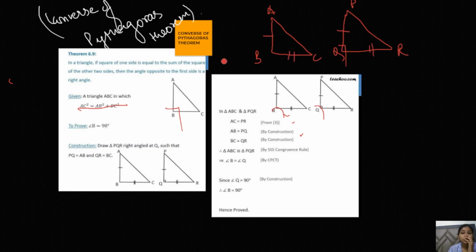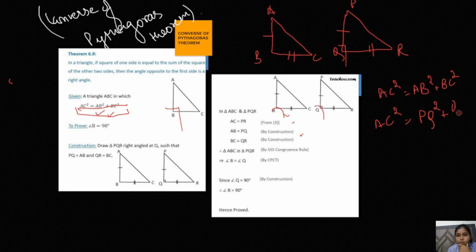According to this particular equation, AC square is equal to AB square plus BC square, which is already given. We know that AB is equal to PQ, and BC is equal to QR.